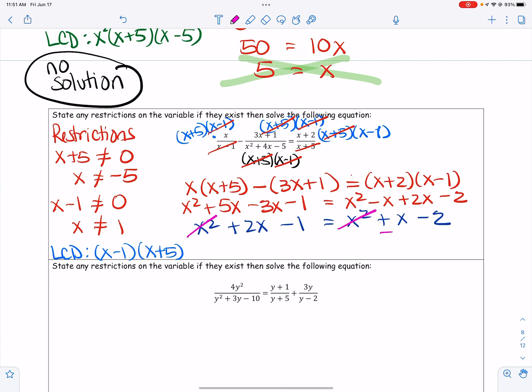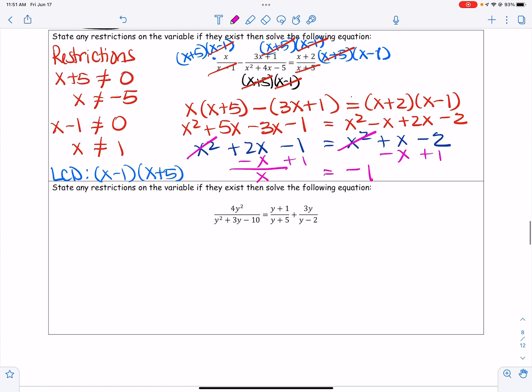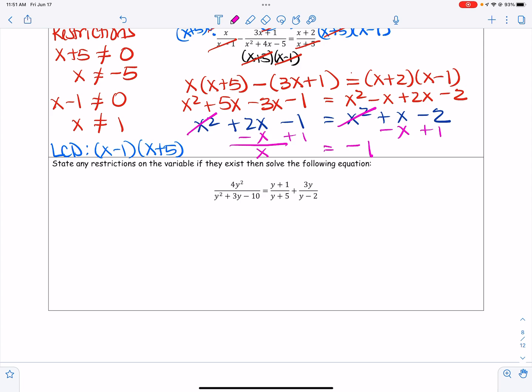Then I'm going to subtract x. So I get x. I'm going to add 1. So I get x is -1. And that is a solution because the solutions were +1 and -5.